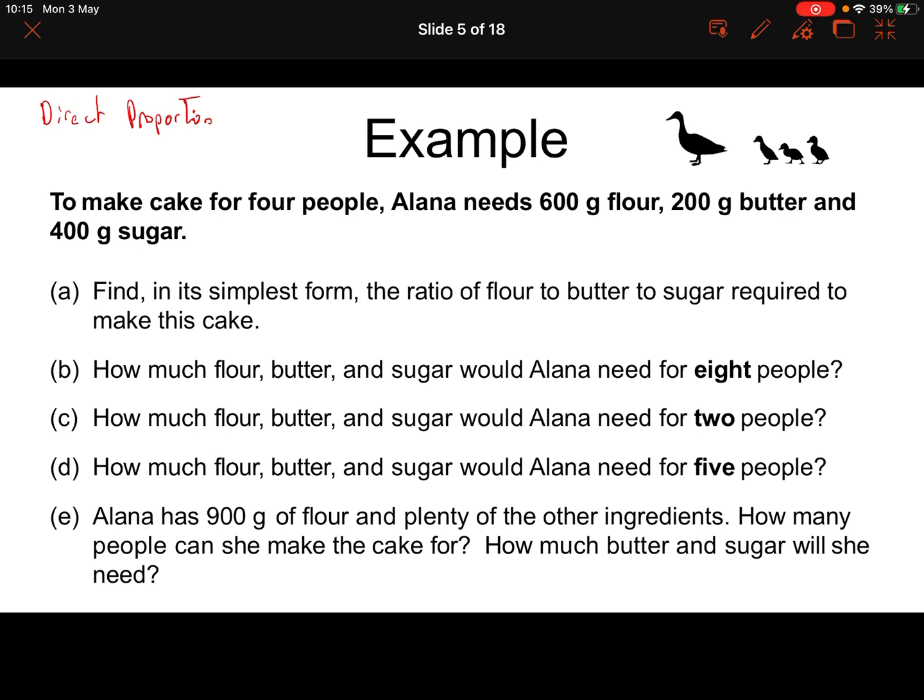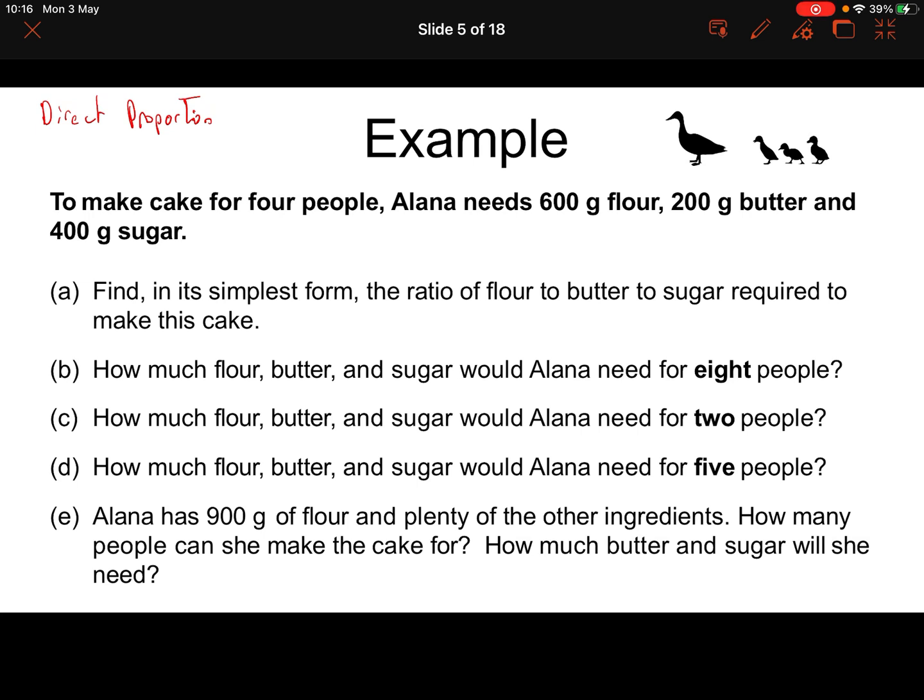To make cake for 4 people, Alana needs 600 grams of flour, 200 grams of butter, and 400 grams of sugar. Find in its simplest form the ratio of flour to butter to sugar required to make this cake.